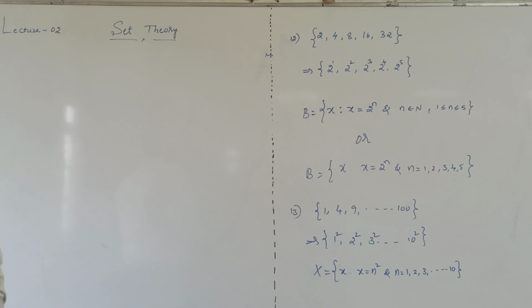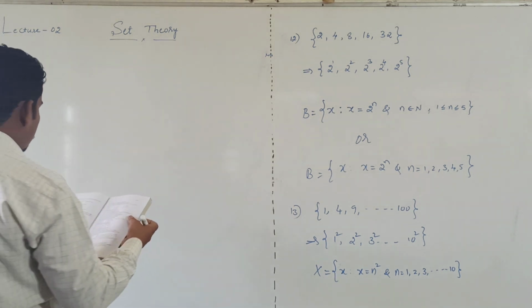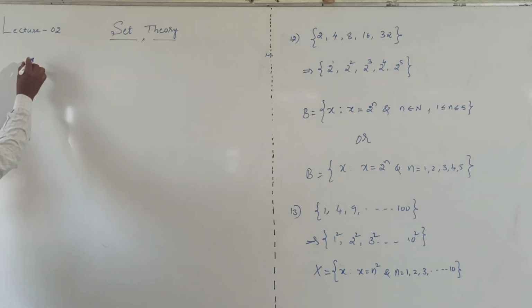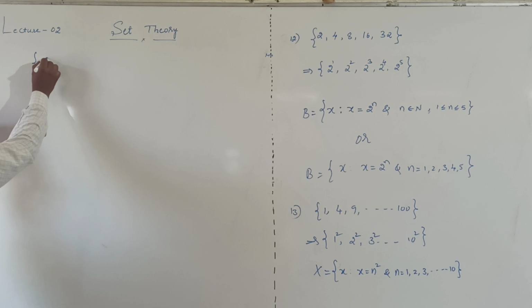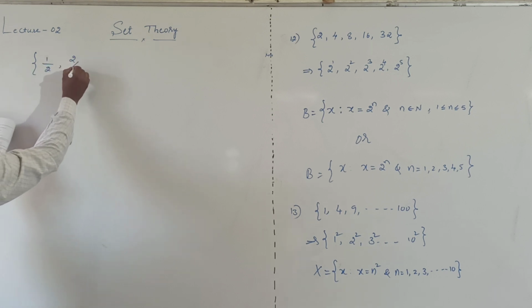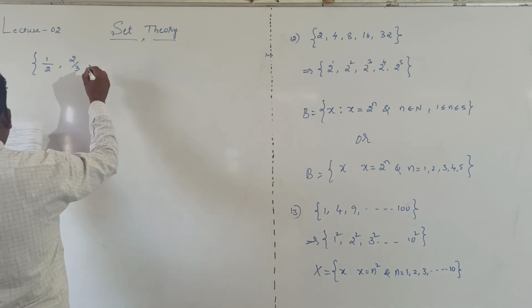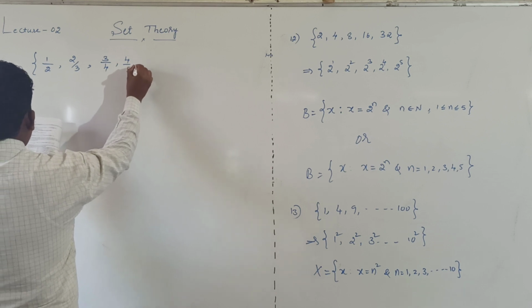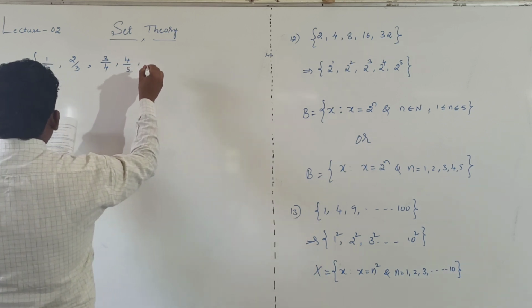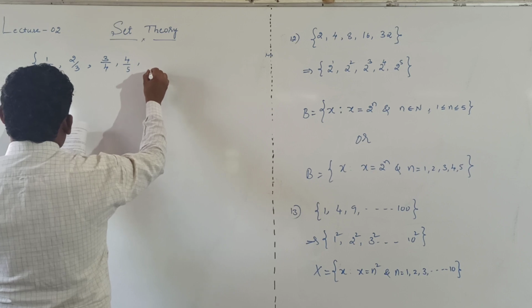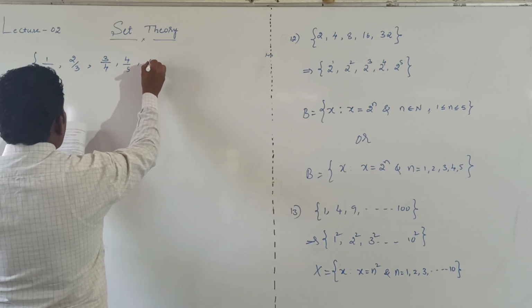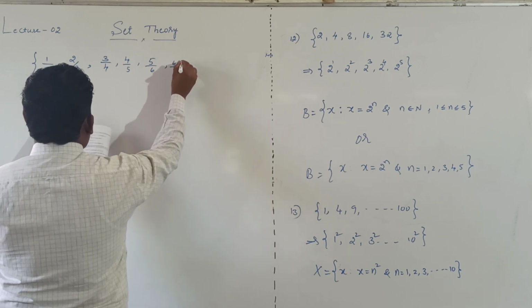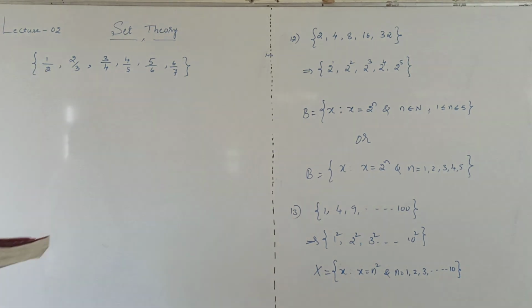Next, write the set 1 divided by 2, 2 divided by 3, 3 divided by 4, 4 divided by 5, 5 by 6, 6 by 7 in set builder form.